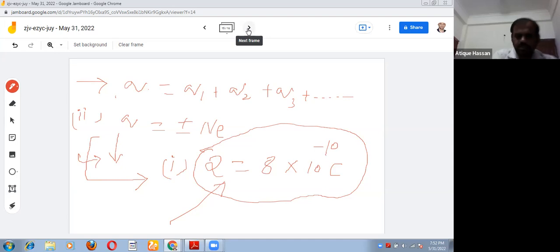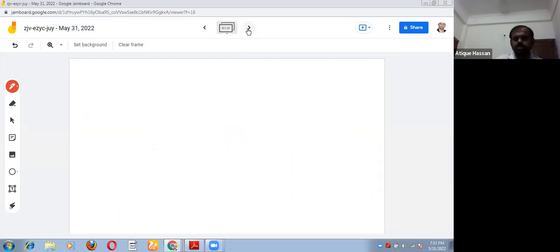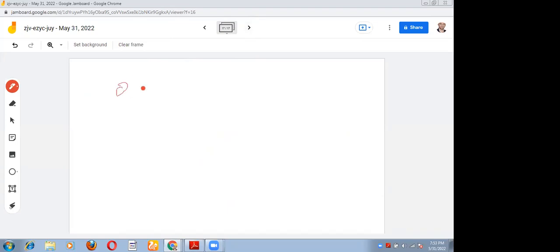This is an integer, so this value of charge is possible. If it could have been like 8.1 or something, then the charge would not have been possible. Got it or not? Because it is completely divisible by 1.6 into 10 to the power minus 19. Have you got it, Rifat? Yes, sir.